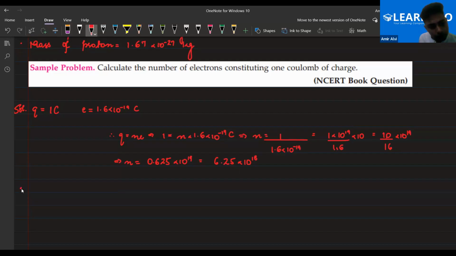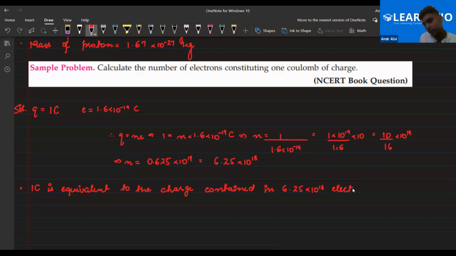Let me write it here. 1 coulomb is equivalent to the charge contained in 6.25 into 10 to the power 18 electrons.